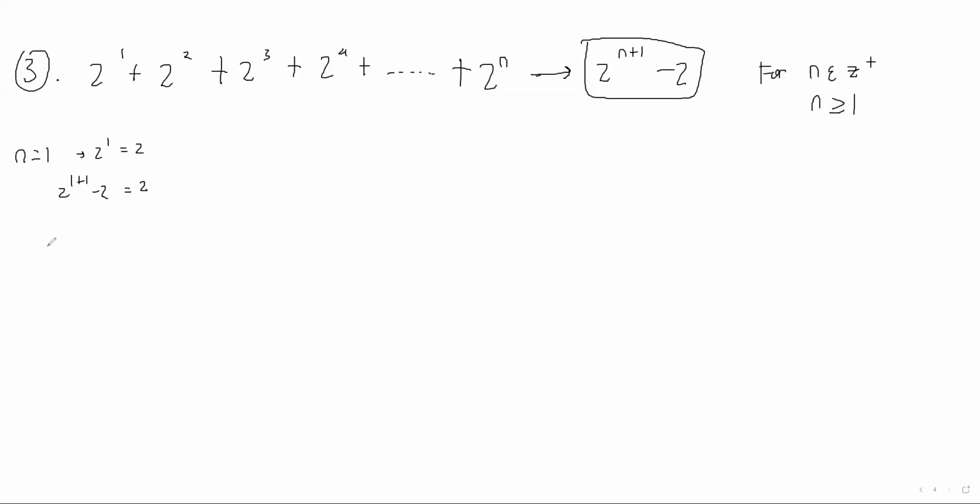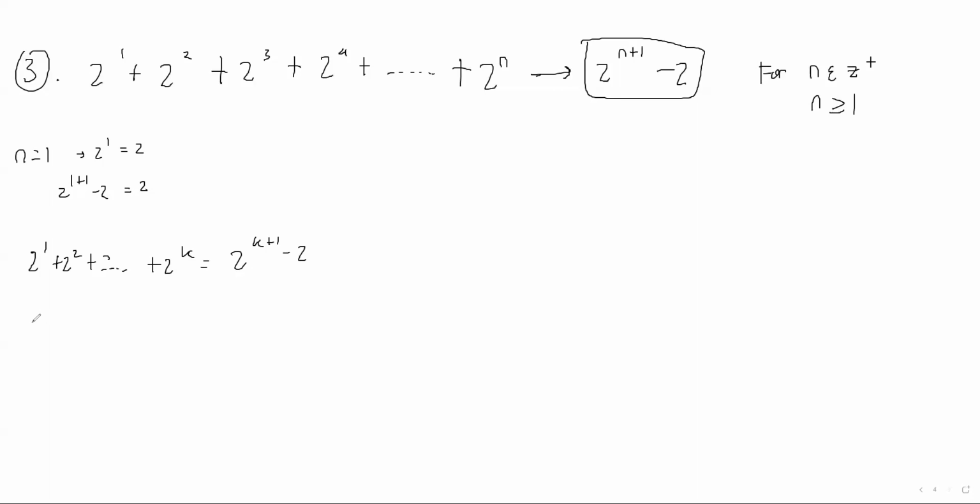So again, 2 to the power of 1 plus 2 to the power of 2, and so on until 2 to the power of k can be represented by 2 to the power of k plus 1 minus 2, right?